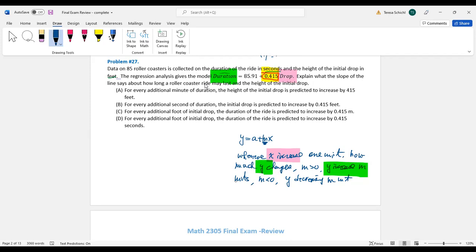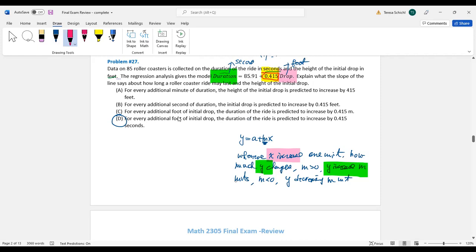Okay, let's see which one is ours. We say for every additional foot of the initial drop, the duration of the ride is predicted to increase by 0.415. This is our answer, because the duration is in seconds and the drop is in feet. Let's see why the others are not right.